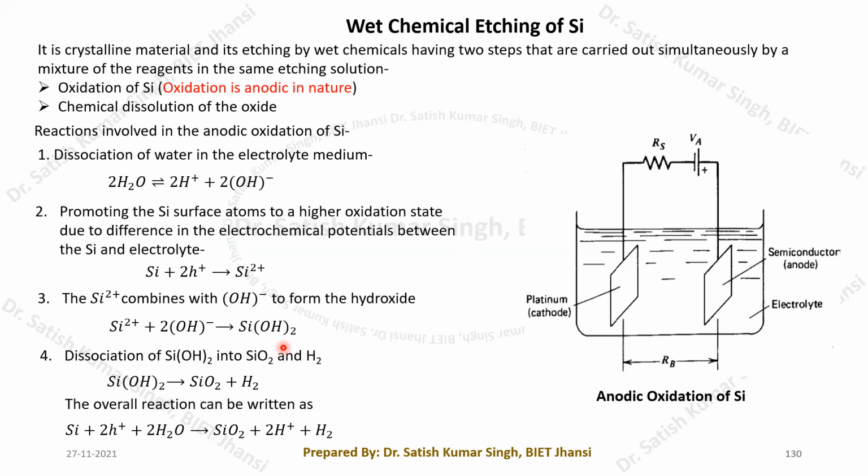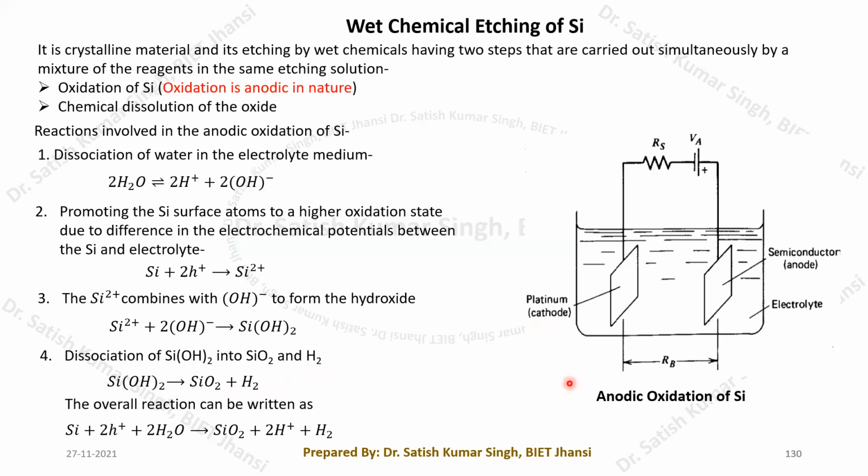Subsequently, this Si(OH)2 further dissociates, forming a layer of SiO2, and hydrogen gas is liberated. This way it is getting oxidized.